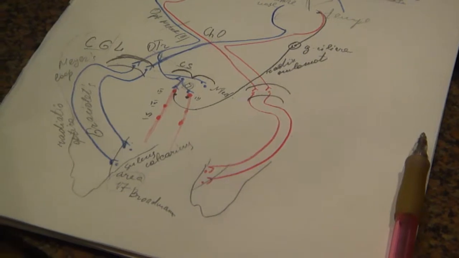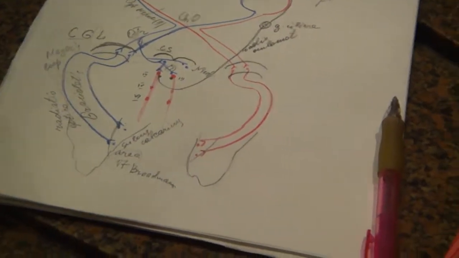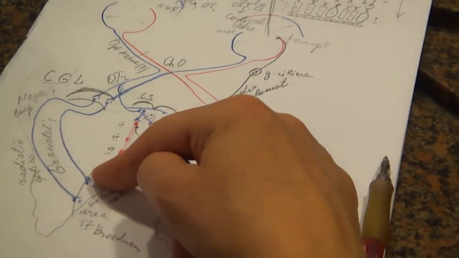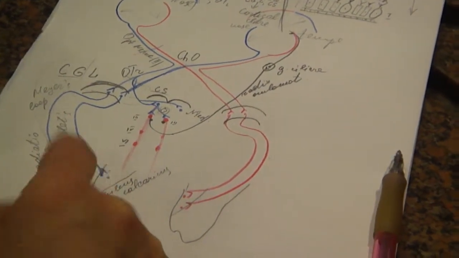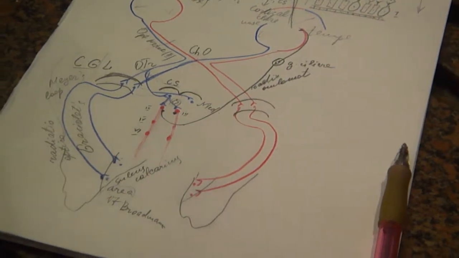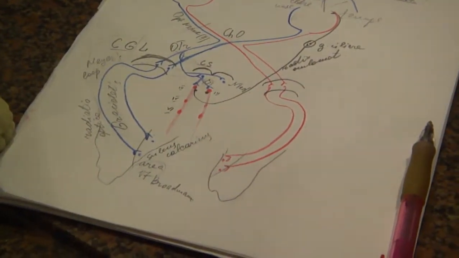We can turn our neck and head to the side of light rays, to the object. And due to this fasciculus longitudinalis medialis, coordinated movements of the eyeballs are achieved.